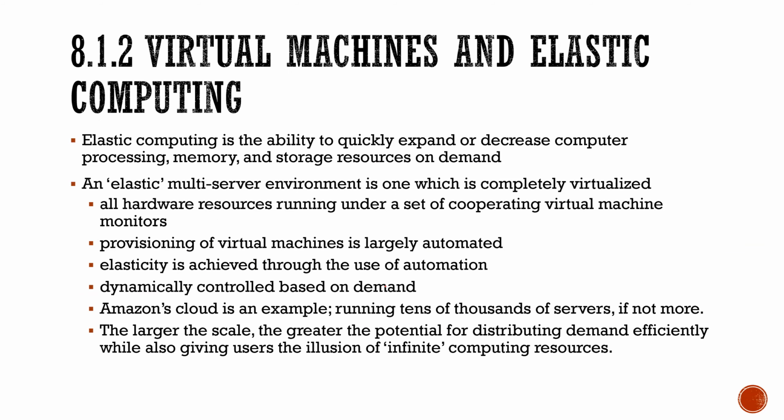Then there's a concept called elastic computing, the ability to expand and collapse, or to increase and decrease, just like a rubber band, to give more processing, memory, and storage on demand. Key is on demand.